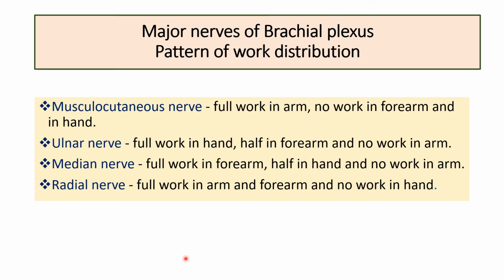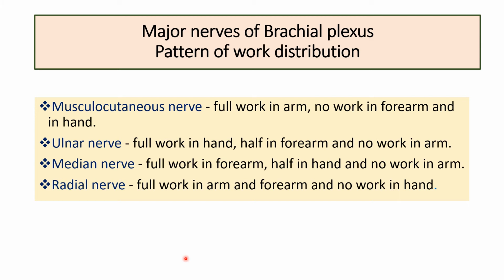Because we use the word work, it is the motor distribution. So we are focusing on the motor distribution of these nerves in relation with the arm, forearm and hand.